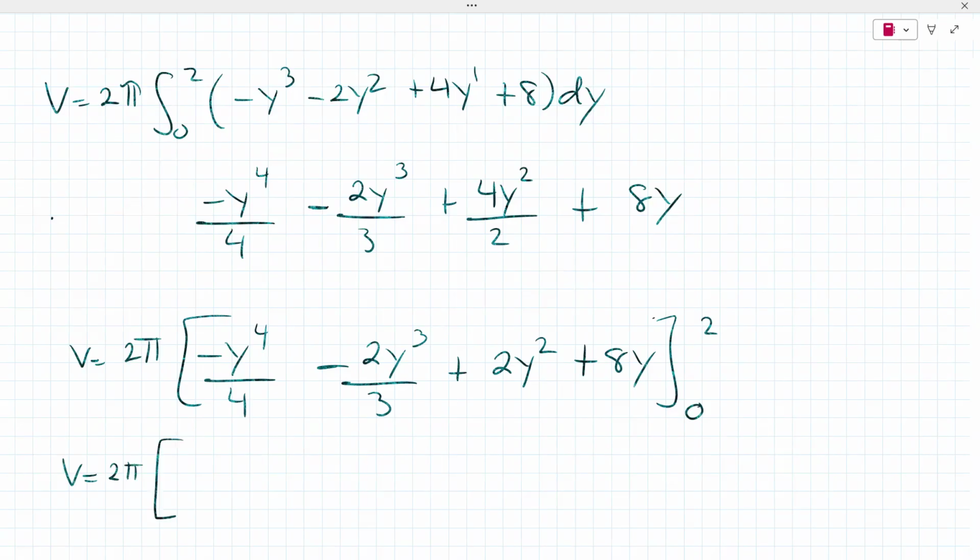Okay, so do the upper first. Wherever you see y, plug in 2. So that's going to be negative 2 to the 4th over 4, minus 2 times 2 cubed over 3, plus 2 times 2 squared, plus 8 times 2, minus the lower boundary, which is 0.